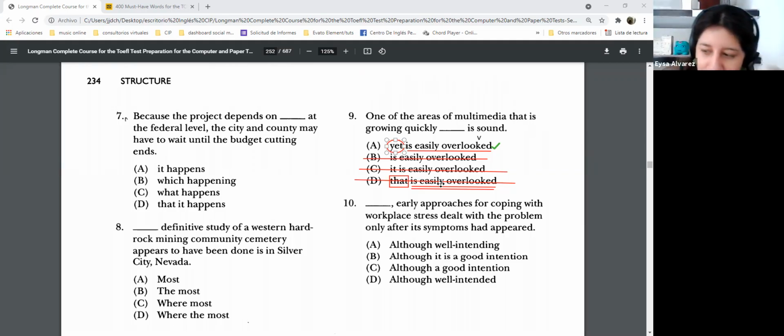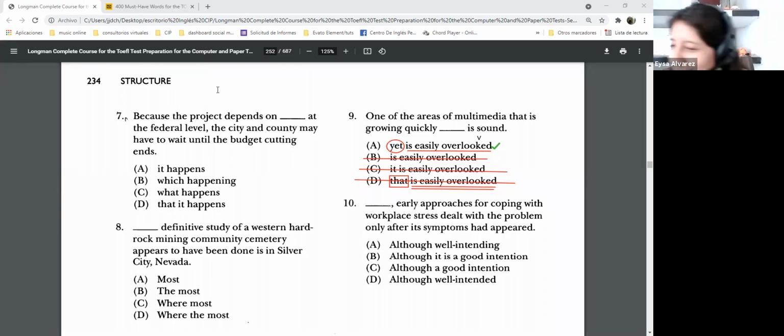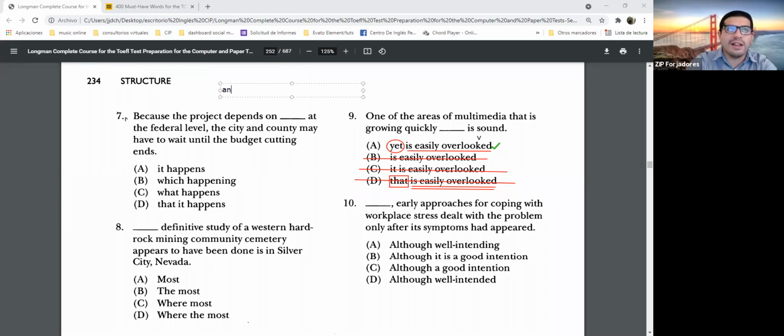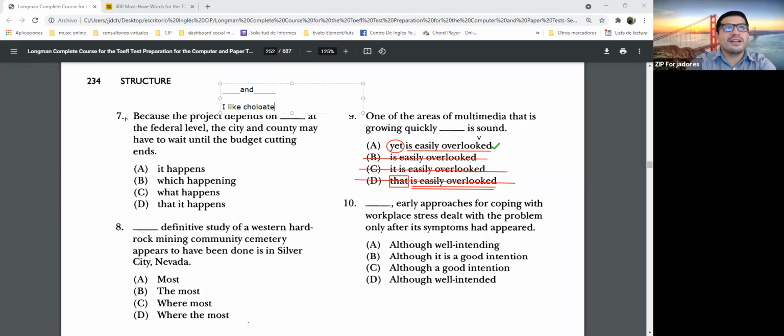So I think that we have not seen conjunctions yet? No. Okay. For example, "and" is a conjunction that is going to join two of the same structures. Like for example, "I like chocolate and strawberry."